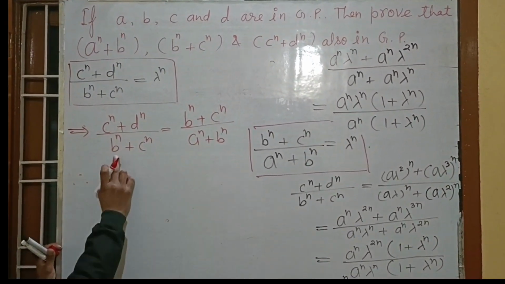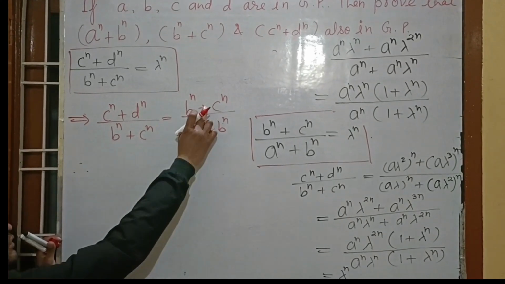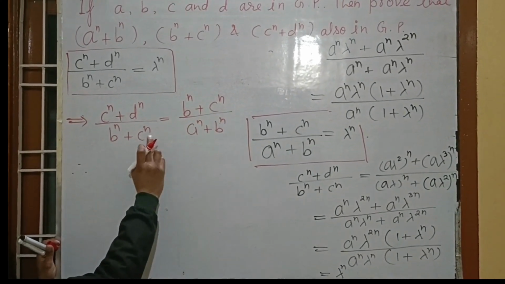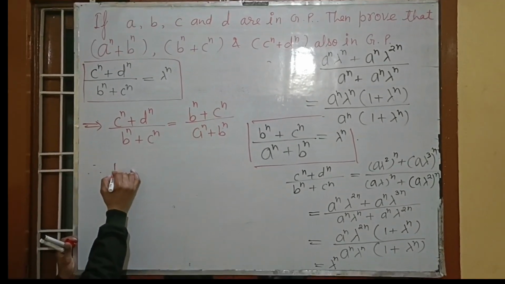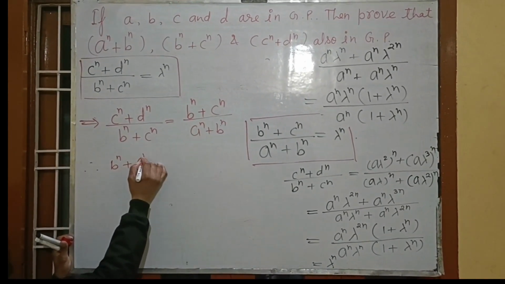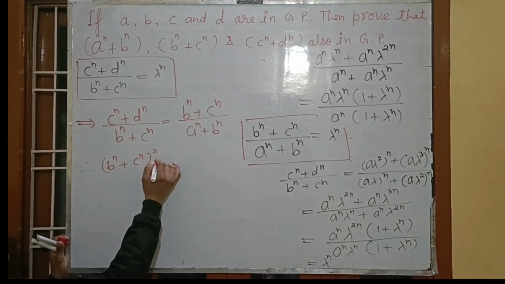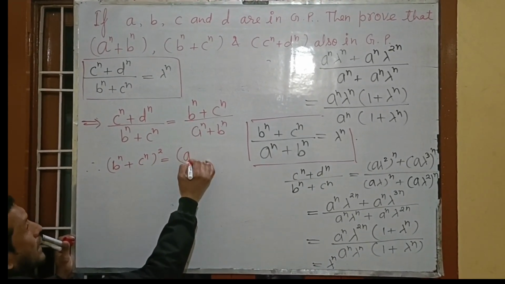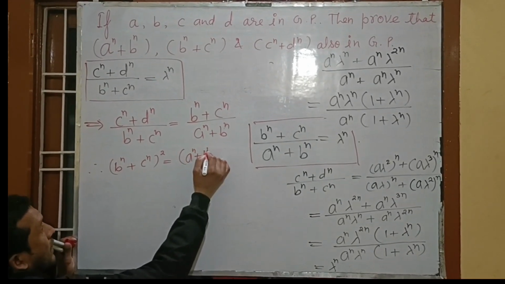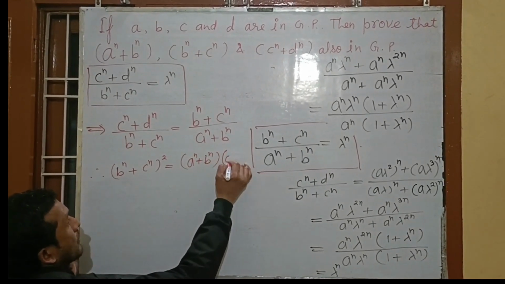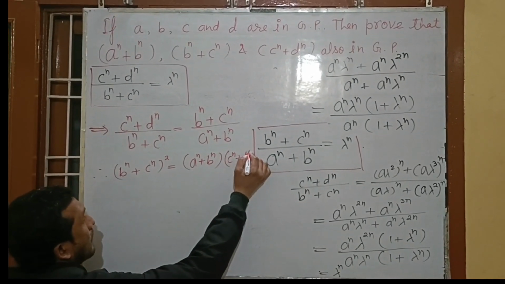Therefore, B to the power n plus C to the power n, its whole square, equals A to the power n plus B to the power n into C to the power n plus D to the power n.